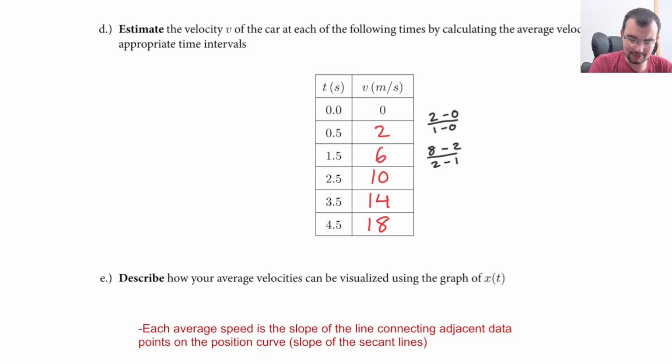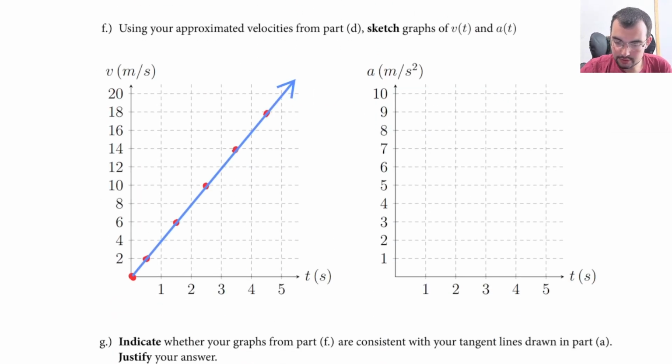And we can check that with any of these data points, right? Our time goes up by 1, our speed goes up by 4. Our time goes up by 1, our speed goes up by 4. Our time goes up by 1, our speed goes up by 4. And that's more clear if we do a plus 1 second, and a plus 4 meters per second. And that's constant throughout. So our acceleration is just constantly 4 meters per second squared.